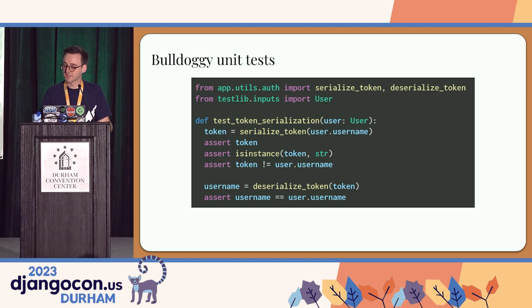We're deserializing the token as the act. And then we're asserting that we got the username back from the deserialized version of that token, right? Arrange act assert. White box unit test. We're directly calling the serialize and deserialize functions here. We're using some of the models that we have. All this good stuff. Does this make sense? Great. Okay. So example unit test or white box test.